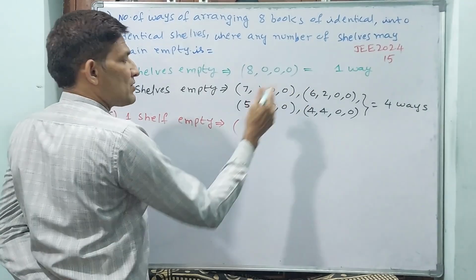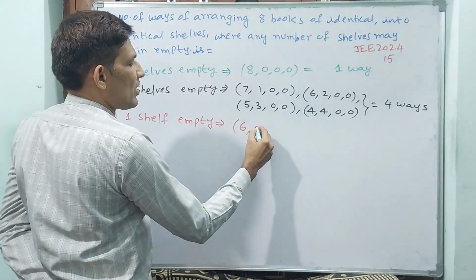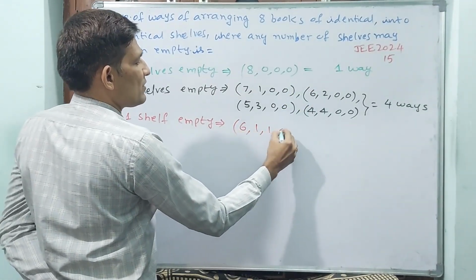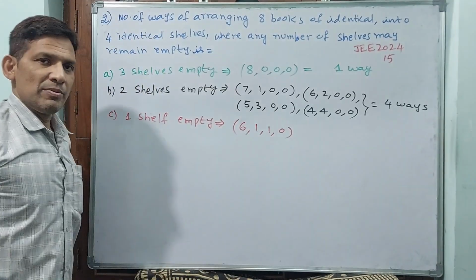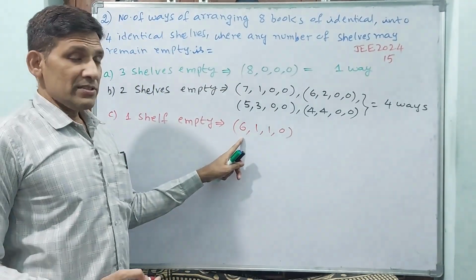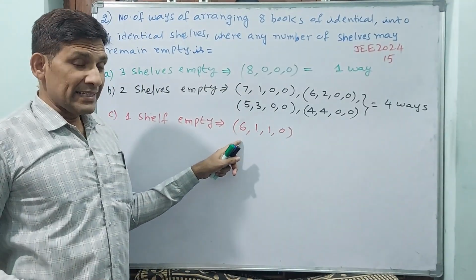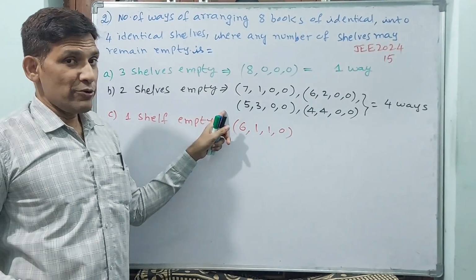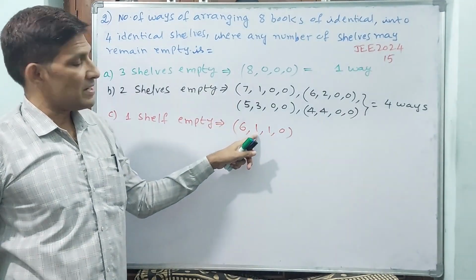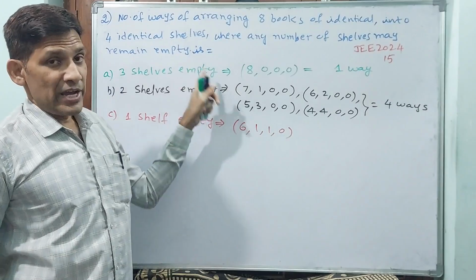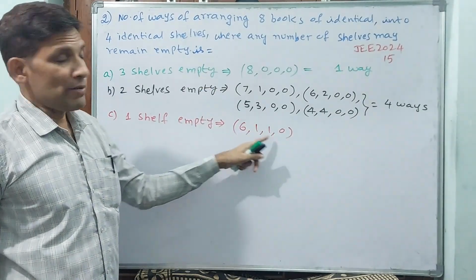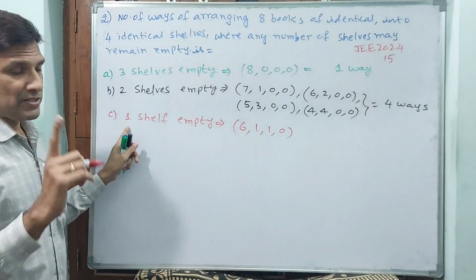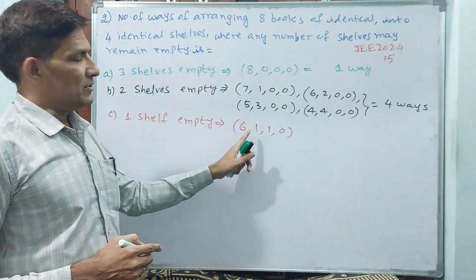That is why maximum 6 you have to take: 6 1 1 0. Is it okay? Why? Because 7 you cannot take. If you take 7, automatically 7 1 is going to become 8, but the remaining 2 are going to be empty, but here we are going to make only 1 shelf empty. 6 is possible. 6 1 1.